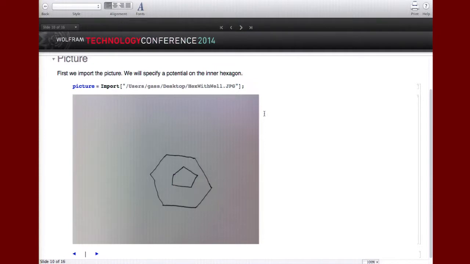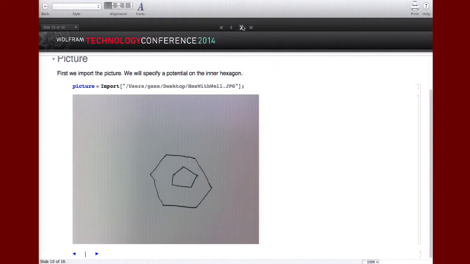But to see if it worked, I simply sketched this on a piece of paper in my office and photographed it. So here we've got a core shell nanowire grown by a particularly inept graduate student. My collaborators assured me they'd fire such a graduate student who grew something like this. In a real core shell nanowire, there's a potential here that's different from the potential here, so we'll want to be able to put a potential on the center there.